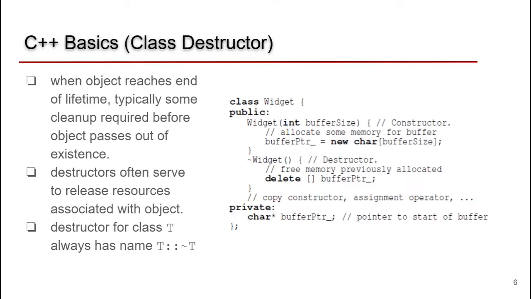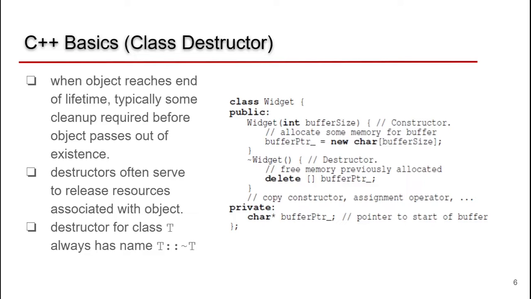So it should be LinkedList. And then we put here, let's say, integer data. And inside it, we say this dot data equal to data.